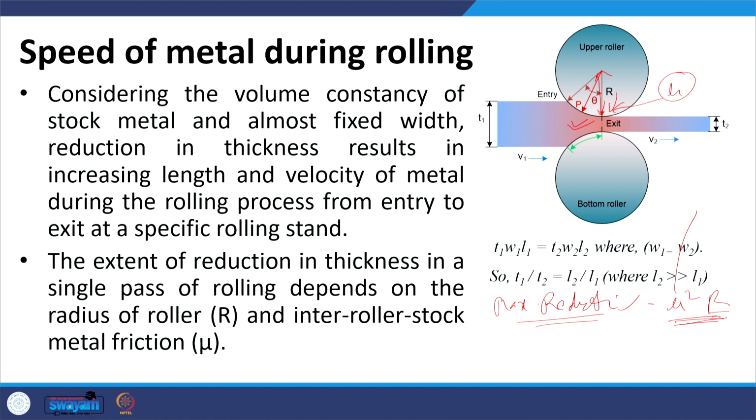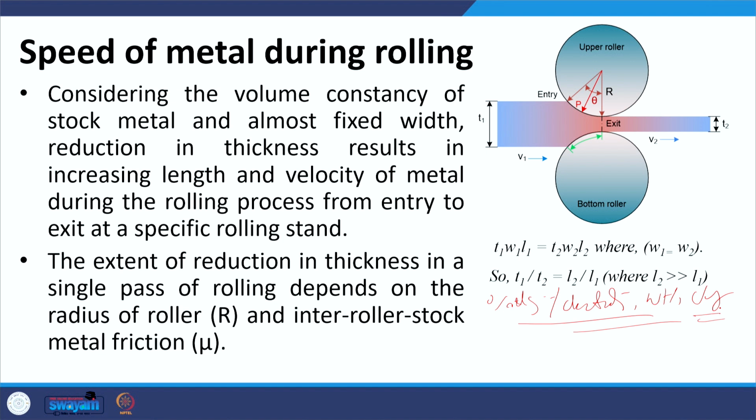Apart from this, we also try to see the condition of the roller in terms of the roughness and also the material properties, say percentage elongation, ductility, work hardening characteristics and yield strength. So, these are the other factors that can also dictate the maximum reduction which is possible in one pass, depending upon the yield strength and the ductility, to avoid cracking or damage to the machine or the rollers due to the high yield strength.